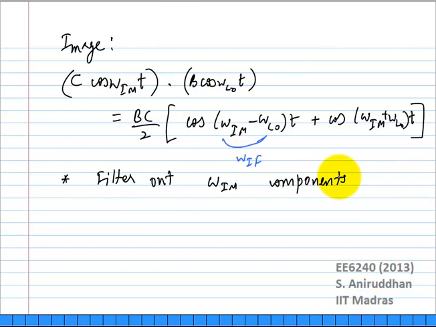Where do you filter it out? Before mixing, right? Just before the mixer. Correct? So you want to filter it out just before the mixer. That seems straightforward enough.